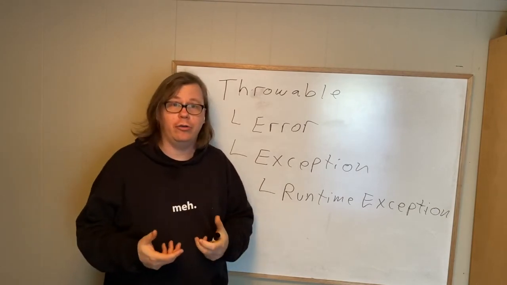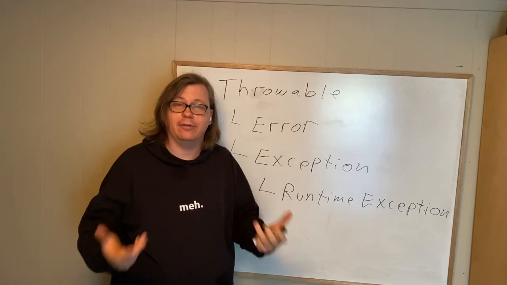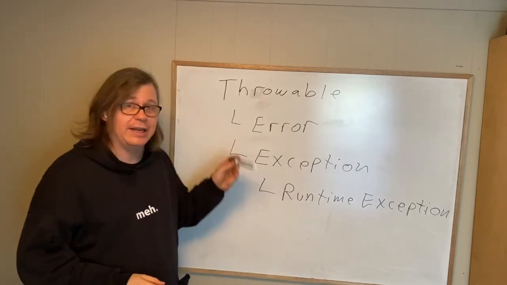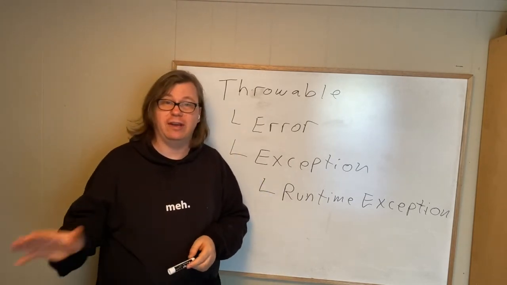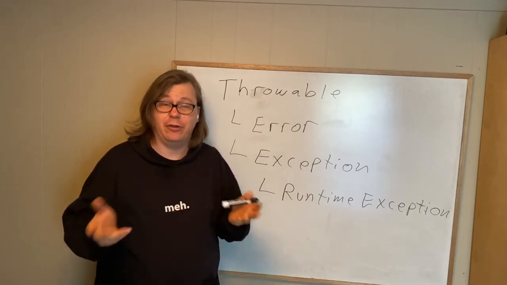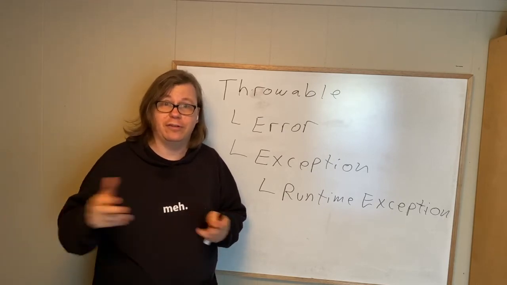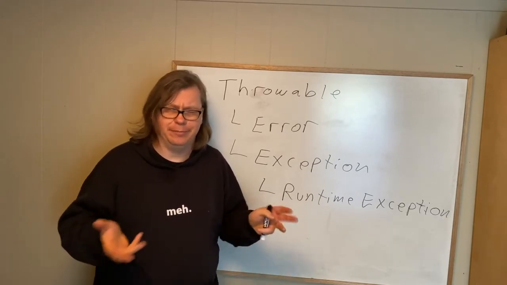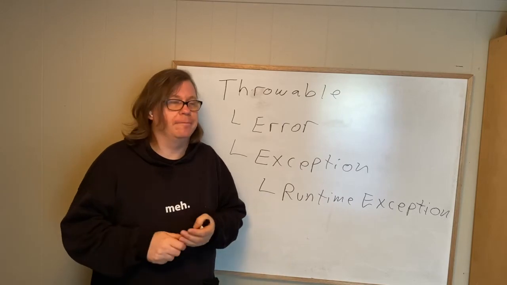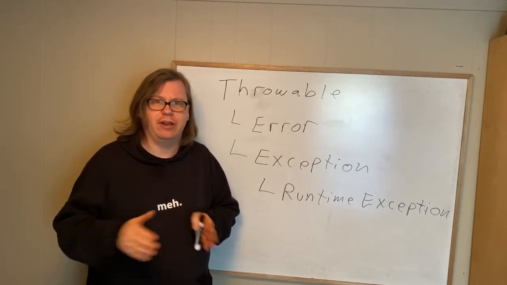They are all used to represent different kinds of failures. Errors indicate something that you, the programmer, shouldn't even be concerned with. The virtual machine ran out of memory. There's nothing you can do about that except rerun the program, giving it more memory, or fixing your code so that that doesn't happen. Use less memory. Usually the solution is to rerun the virtual machine, passing in more memory.